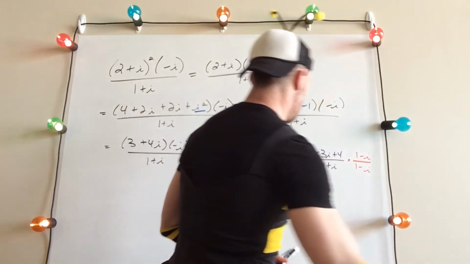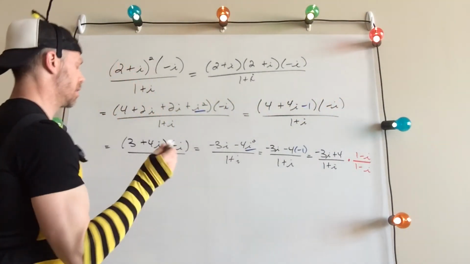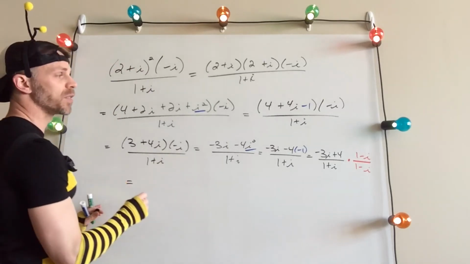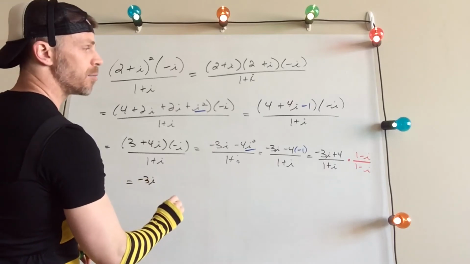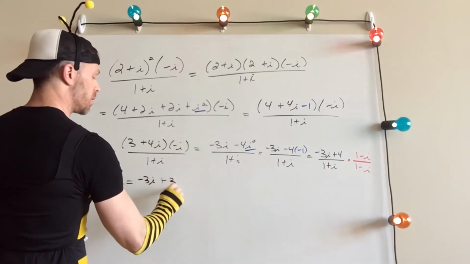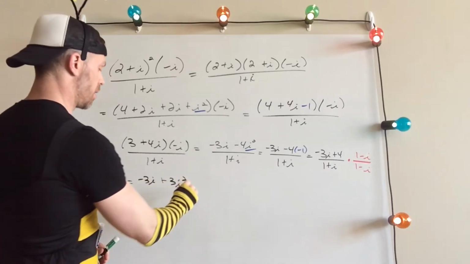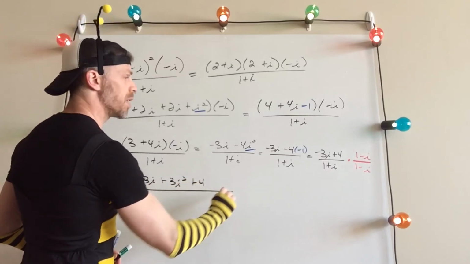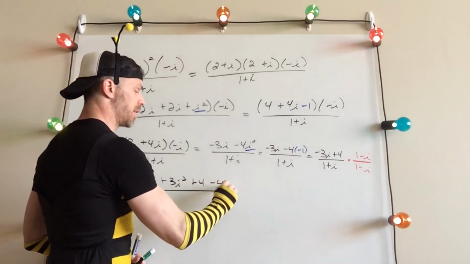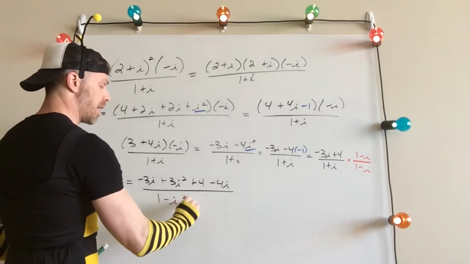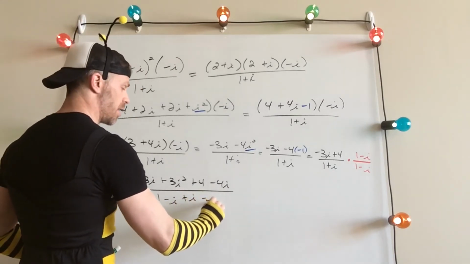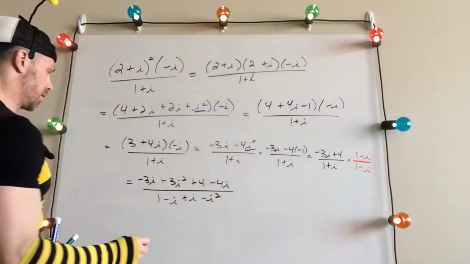So we'll FOIL again. What's that give us? Negative 3i. Outer, plus 3i squared, inner 4, last minus 4i. Down low, 1 minus i plus i minus i squared.